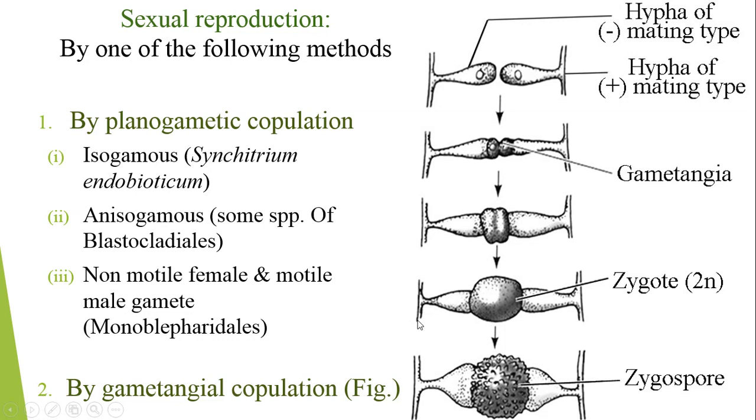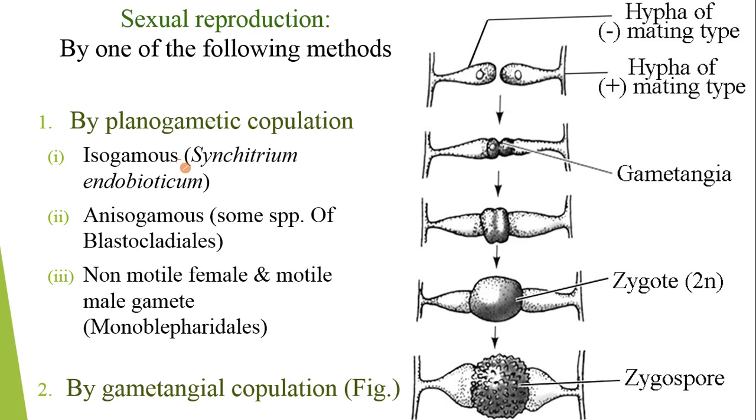Here is the sexual reproduction. Sexual reproduction occurs by one of the following methods. Number one, planogametic copulation, and number two is gametangial copulation. In planogametic copulation, the conjugation may take place by isogamous or anisogamous planogametes. In isogamy, Synchytrium endobioticum is the example.